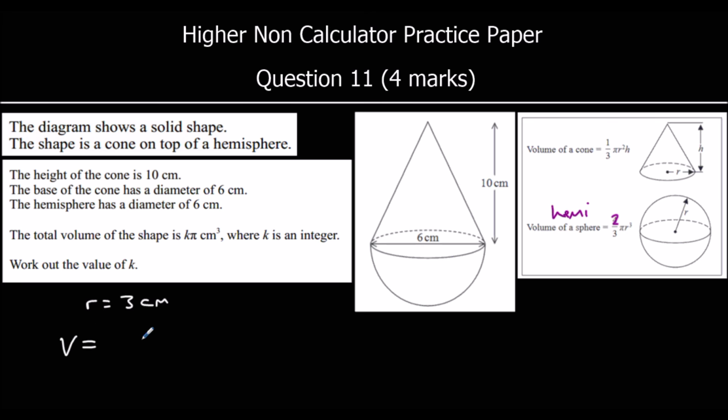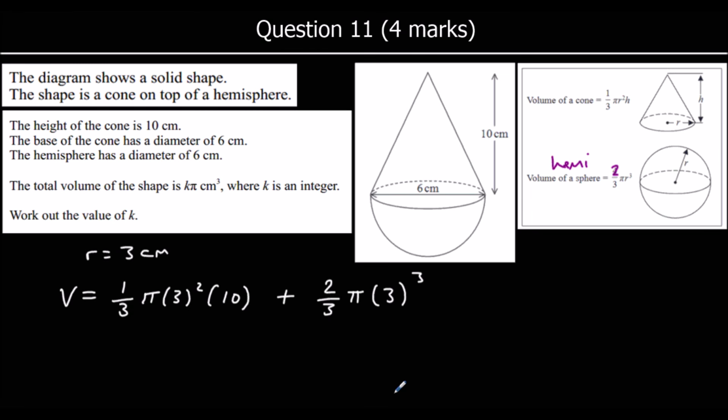So the volume of the total shape is the volume of the cone, which is 1/3 pi r squared, so 3 squared times h, which is 10, plus the volume of the hemisphere, which is 2/3 pi times the radius cubed. So we just need to simplify this, and it should give us something in the form k pi.